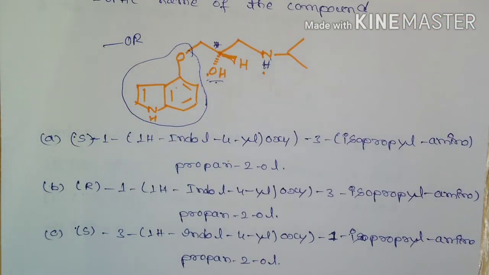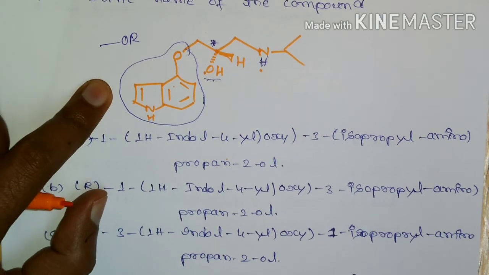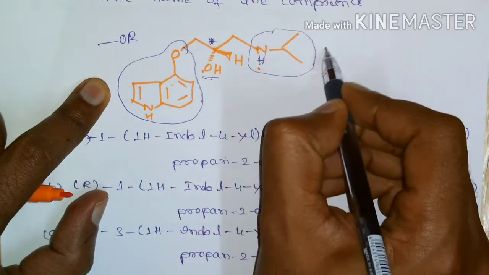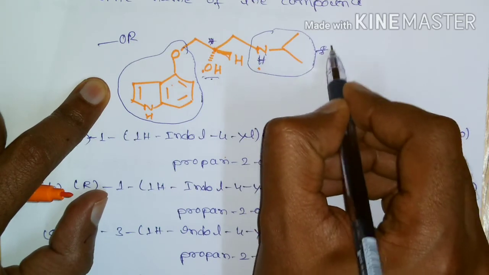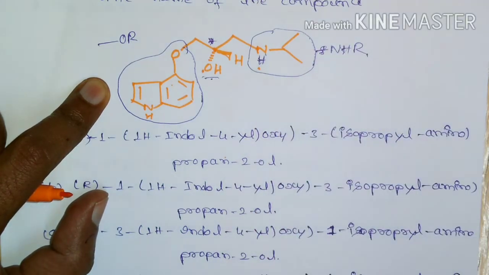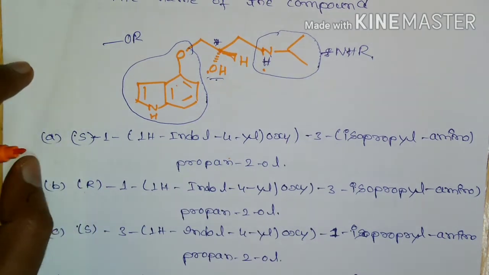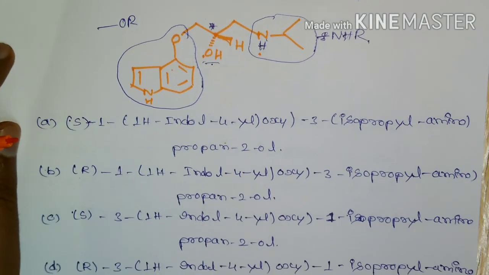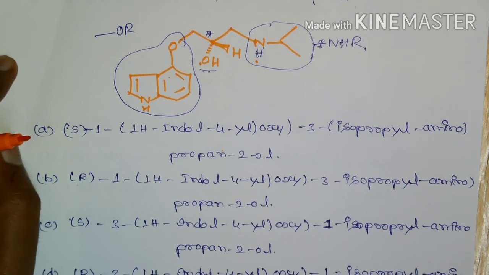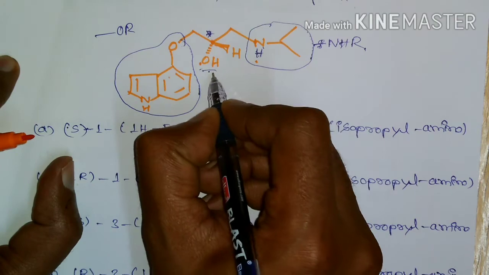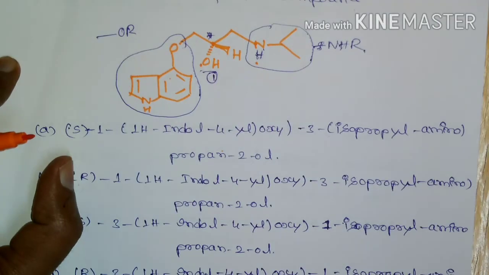Now we have 2 different substituents: alkoxy is one substituent, and this is the second substituent. Now we need to find the configuration, and based on the configuration we can check the numbering. So for the hydroxy group, oxygen will take first priority.